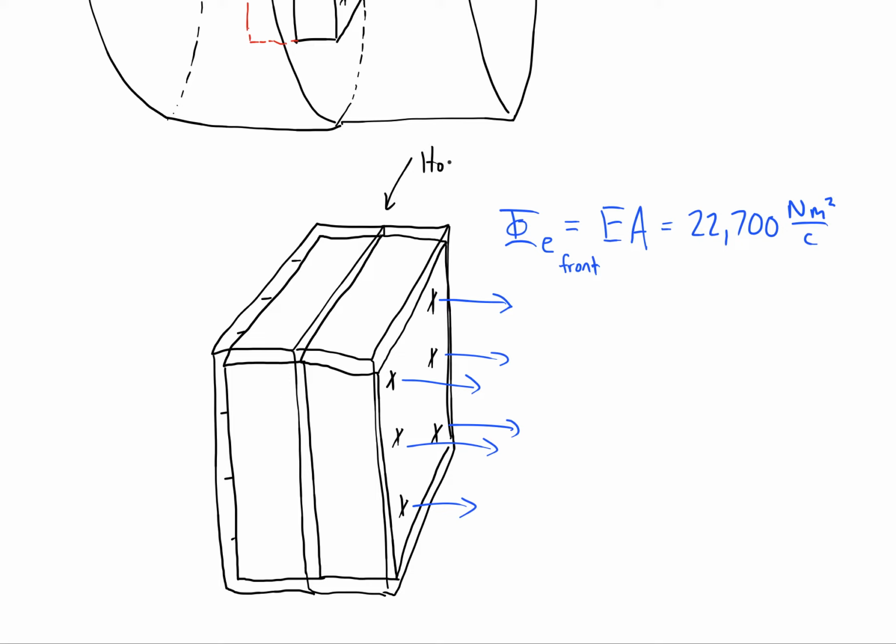How much flux flows through the center? The answer is 0. We know this because the electric field is 0 inside the object.